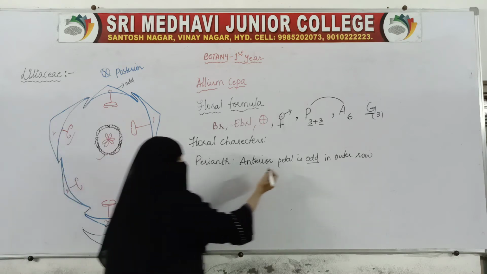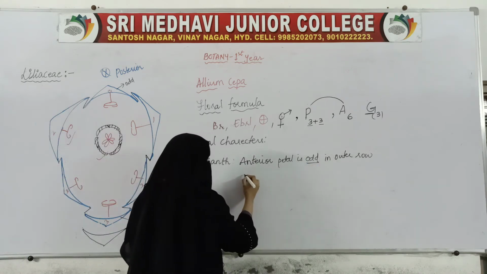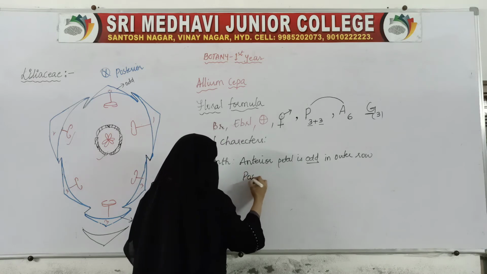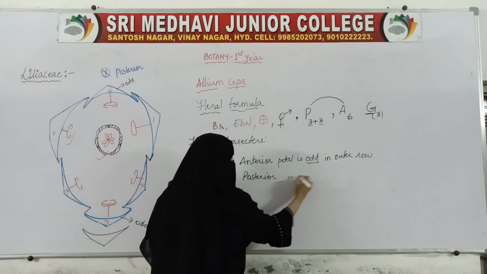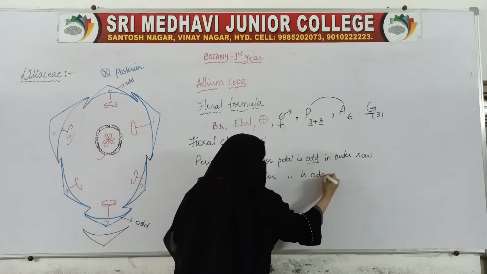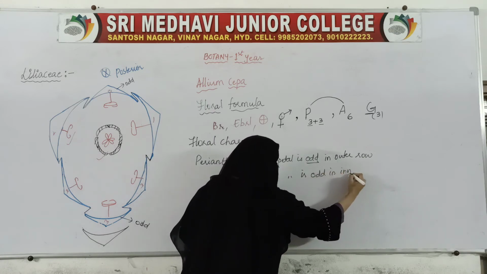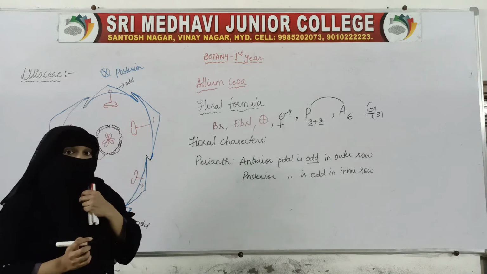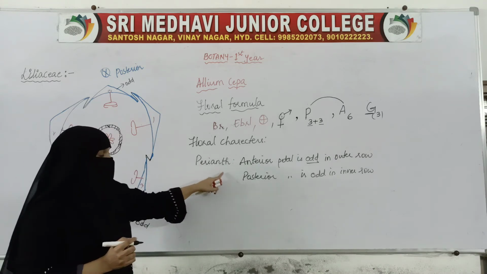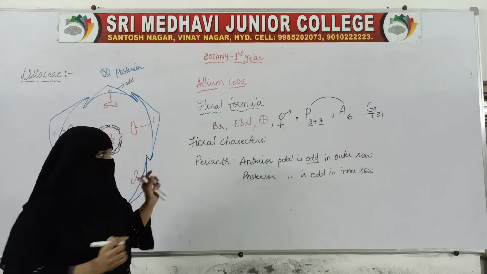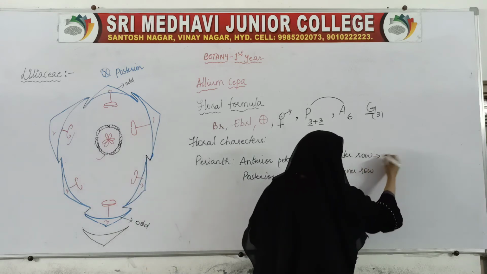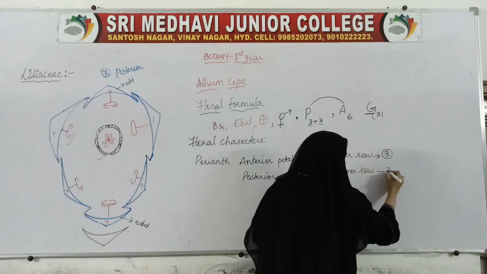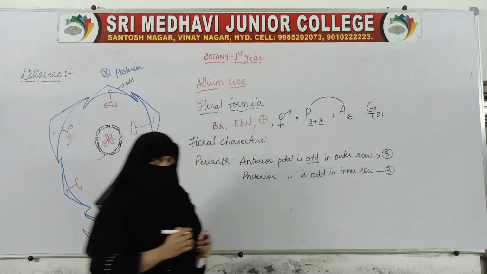So anterior tepal is odd in the outer row, and posterior tepal is odd in the inner row. So 2 rows are there, outer row and inner row, and each row consists of 3.